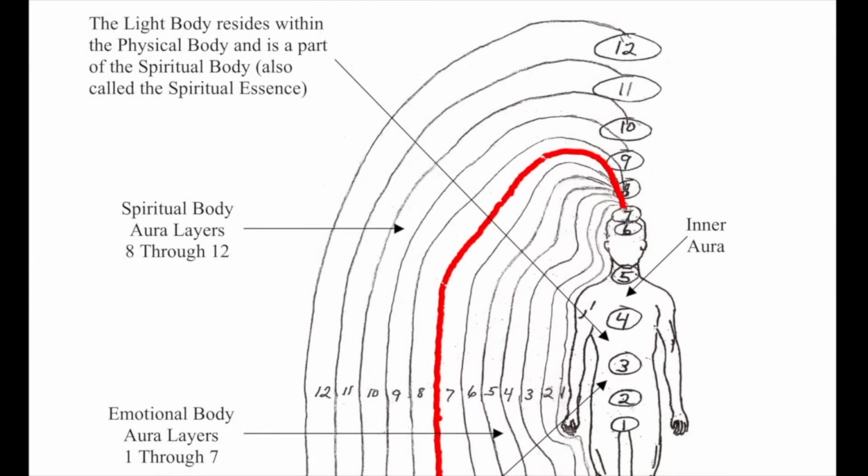Now, this gets a little bit hard sometimes to wrap your mind around, but your spiritual body is not only the 8th through the 12th layers of your aura, it's also the silhouette of light within your physical body that some people call the light body. And the way that they connect is there's a silver cord of light that goes from the solar plexus, the 3rd chakra, out to those outer layers of the auric field.